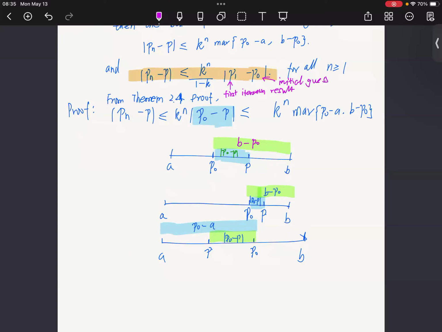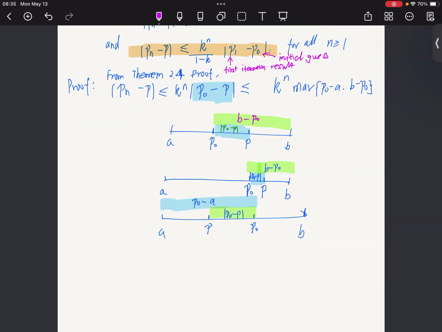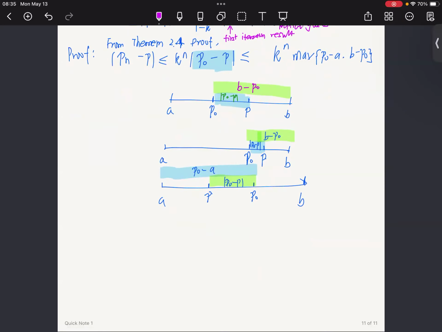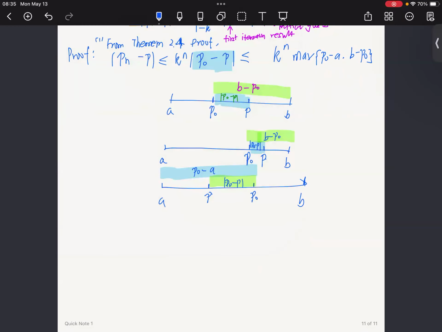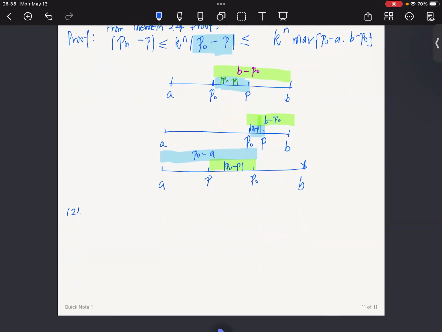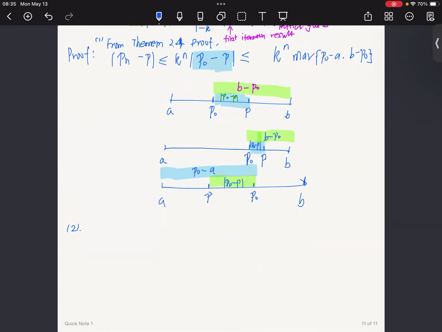Our result is also based on Theorem 2.4. So first, let's get to here. This is the first part, the second part. We are going to prove this.